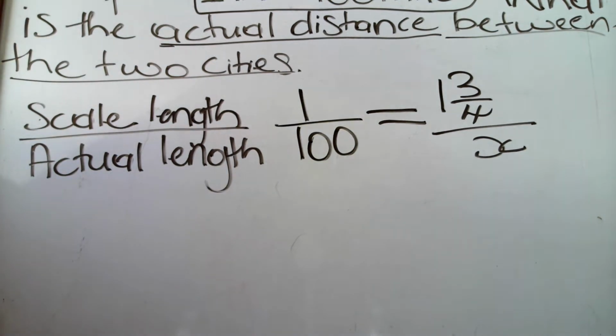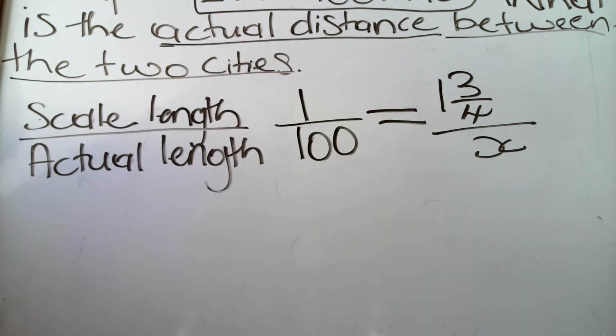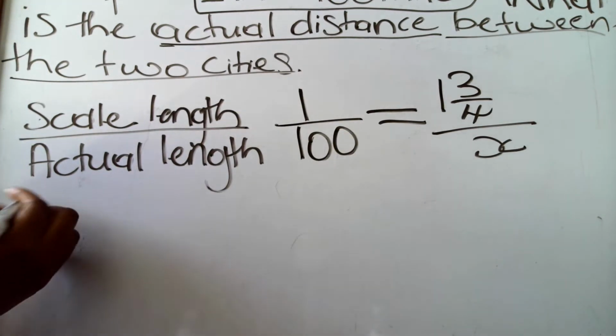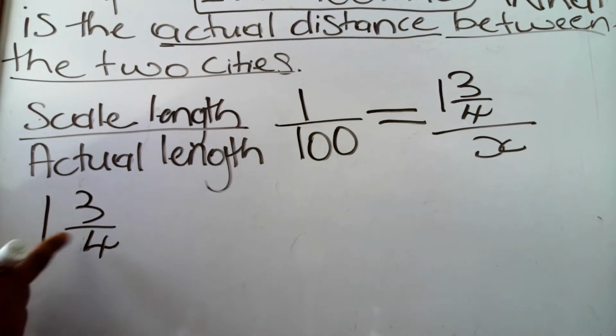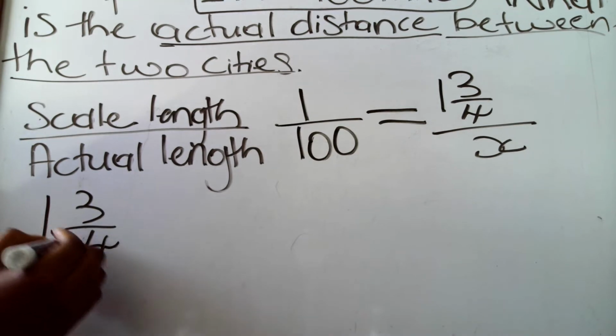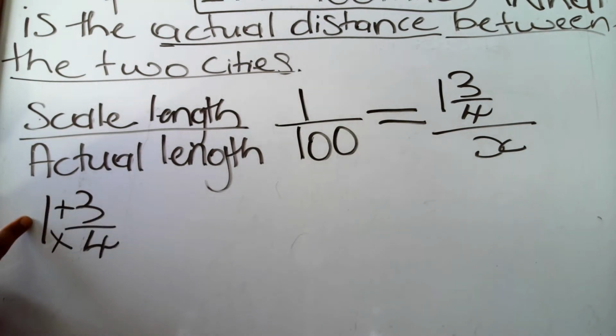Alright? Given a question such as this, it's best to convert our mixed fraction to an improper fraction. How do we convert a mixed fraction to an improper fraction? We have 1 3/4. We multiply the denominator with the whole number and we add the numerator to the result.